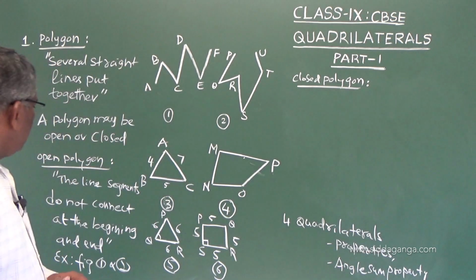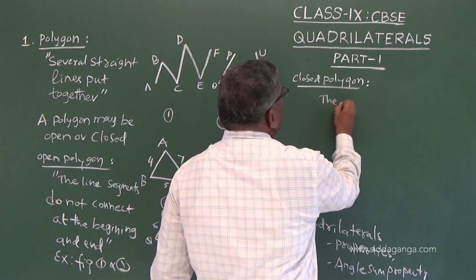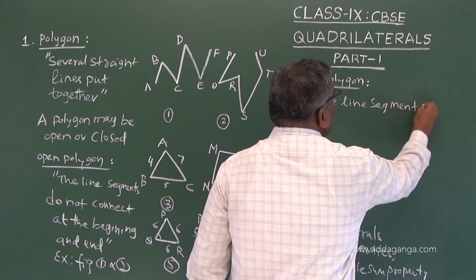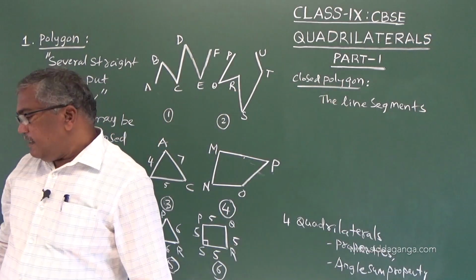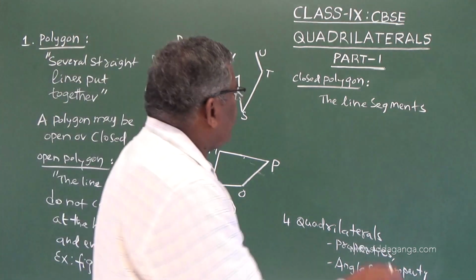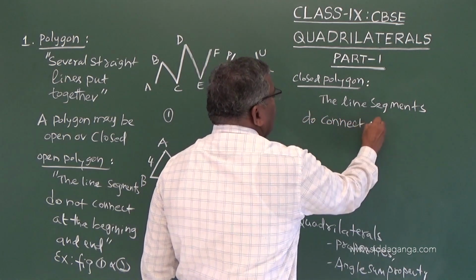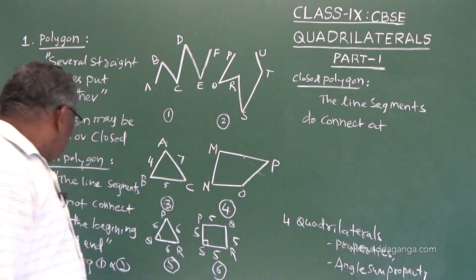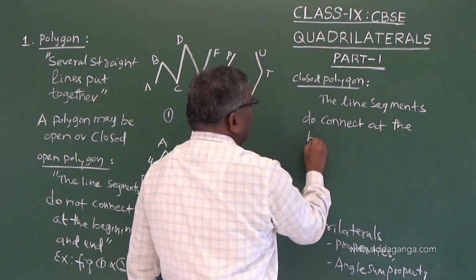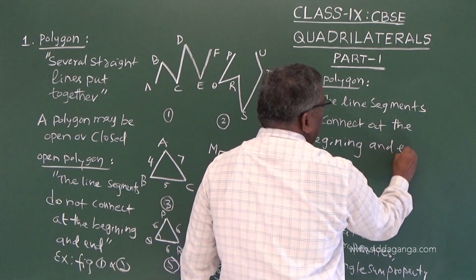So closed polygon: the line segments do connect at the beginning and end.